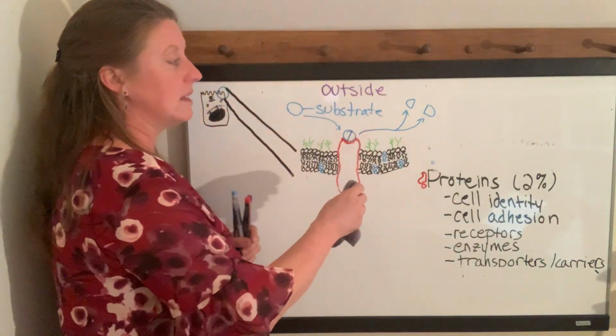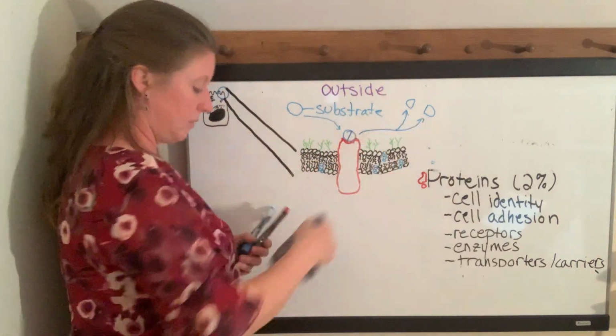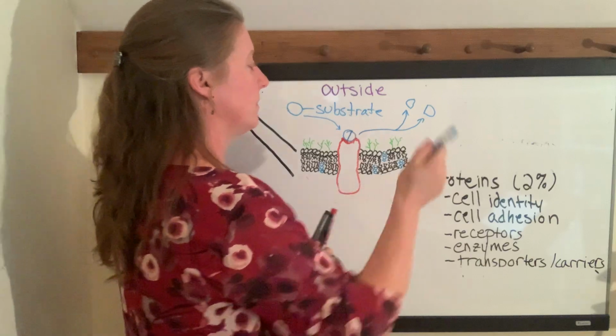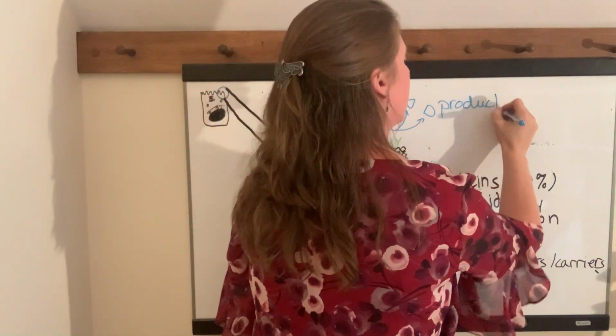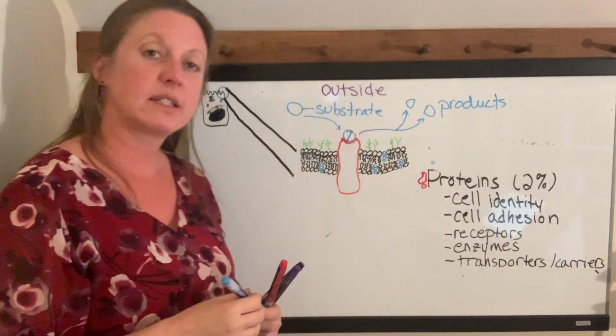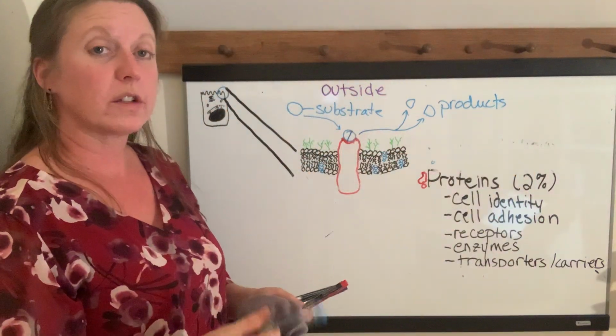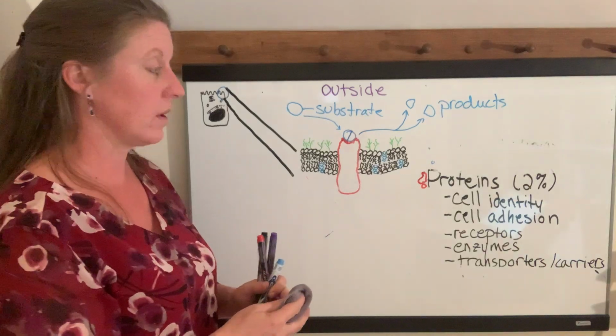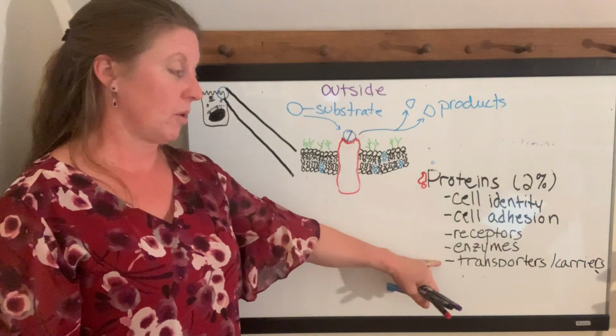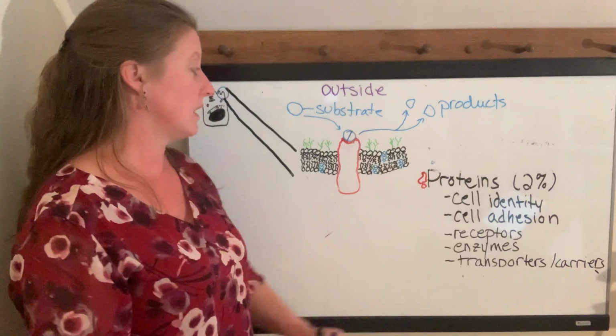Finally, we need some way to get these products, which I did not label, to get these products into the cell, or to be able to get something out of the cell that the cell does not want or need. And this is where we're going to talk about transport proteins.